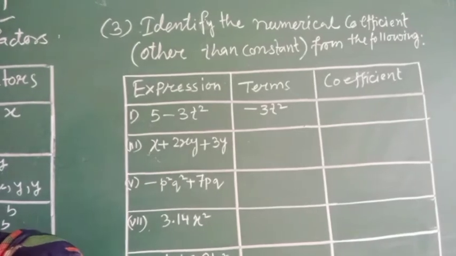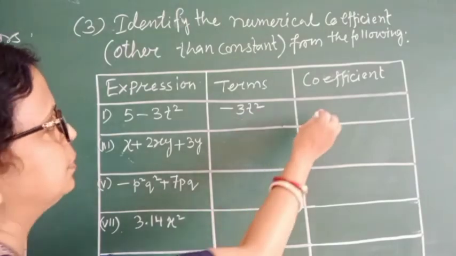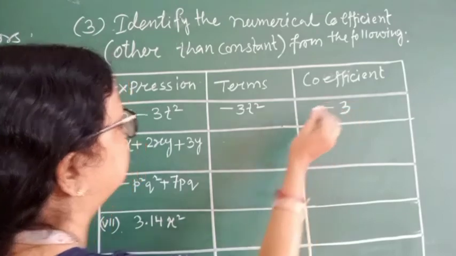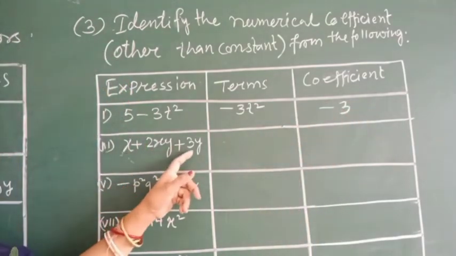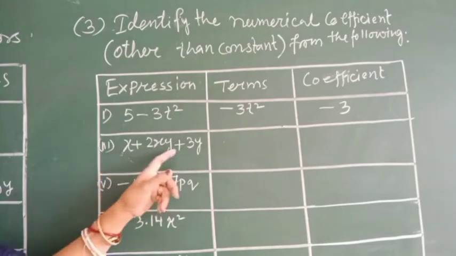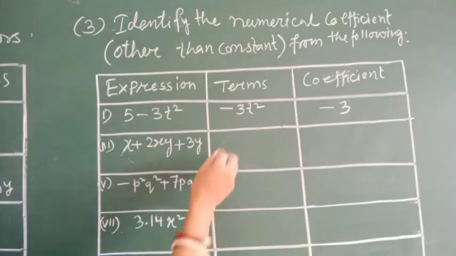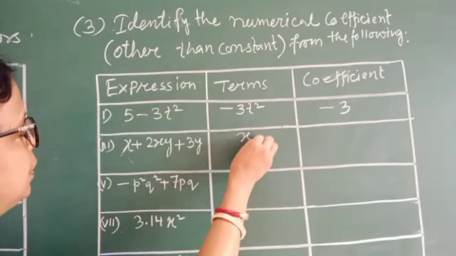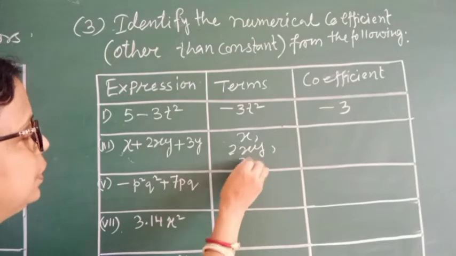Whichever part is containing the coefficient, that part we are writing. And here the coefficient of t square is minus 3. In this expression x plus 2xy plus 3y, here all the terms are containing variables, so there is no constant term. I have to write all the terms: x, 2xy and 3y.